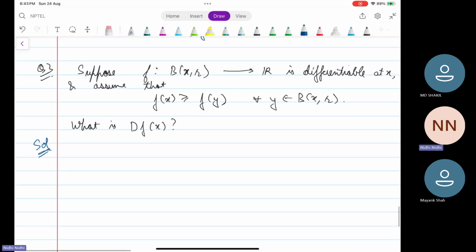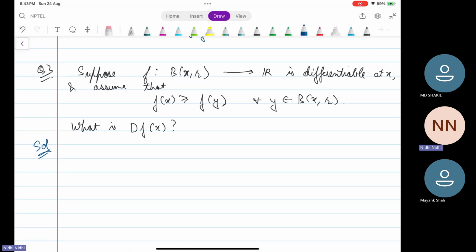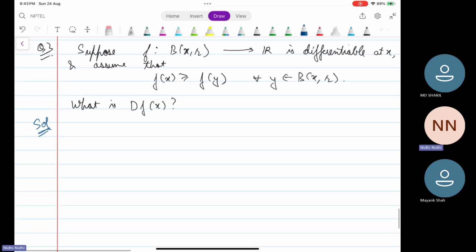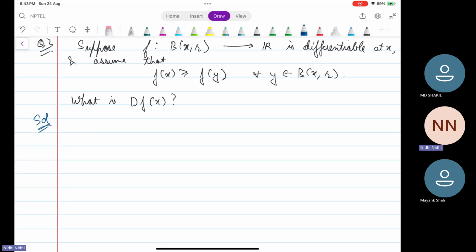So we are given that the function is differentiable at x. So we'll make use of that.